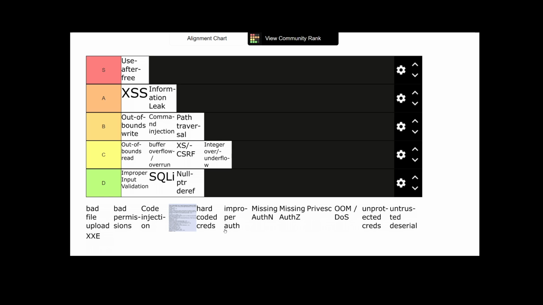I think this is a really weird general category, but there's also improper authorization somewhere, and all sorts of other things.